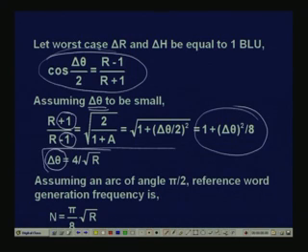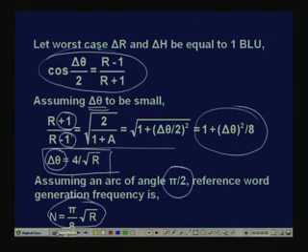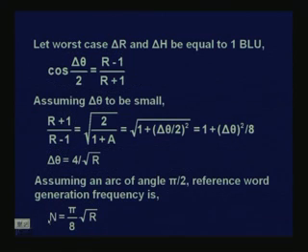It turns out that it should be 4 by root r. So how many times do you need to compute? Normally, maximum arcs are provided as quarter circles. So if you have an arc of angle pi by 2, then the reference word generation frequency is pi by 8 into root r. This tells you how frequently you should generate new reference words to be able to restrict errors within one basic length unit.